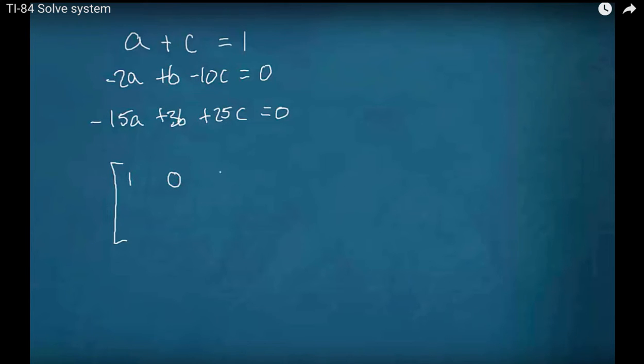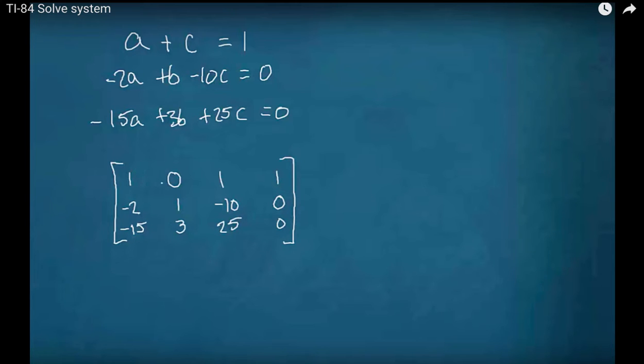The coefficient on C is 1, and then the right side of the equation is 1. Then for the second equation, we have minus 2, 1, minus 10, and 0. And for the third equation, we have minus 15, 3, 25, and 0.